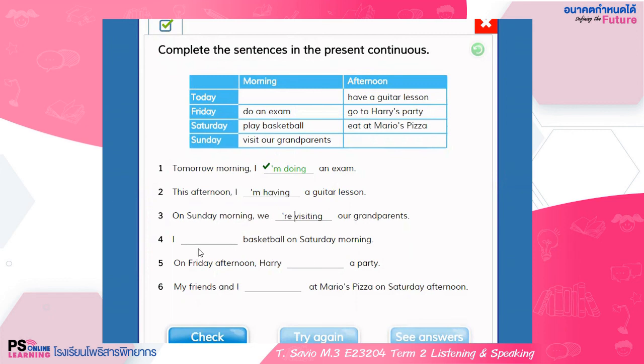Number 4, I basketball on Saturday morning. I'm playing basketball on Saturday morning. 5, on Friday afternoon, Harry a party.